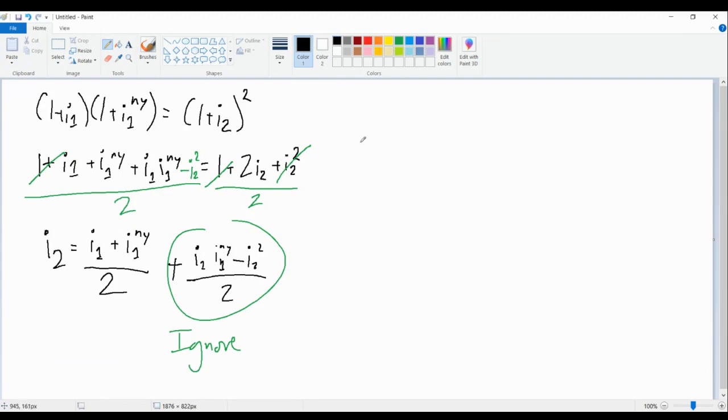So what we have then, I guess you could write it this way, is that the interest rate on a 2-year bond is very close to, or in general we'll just say equal to, the average of the short-term rates.